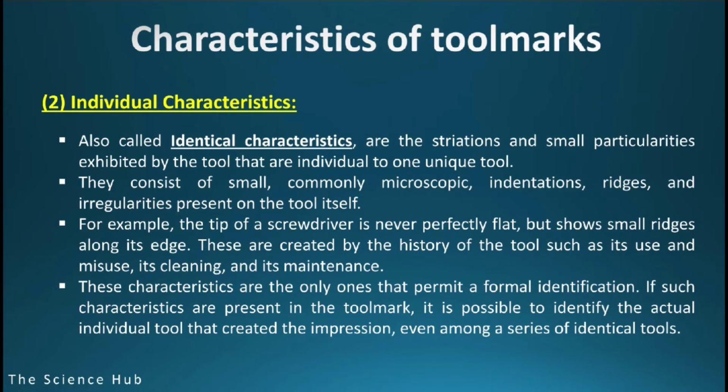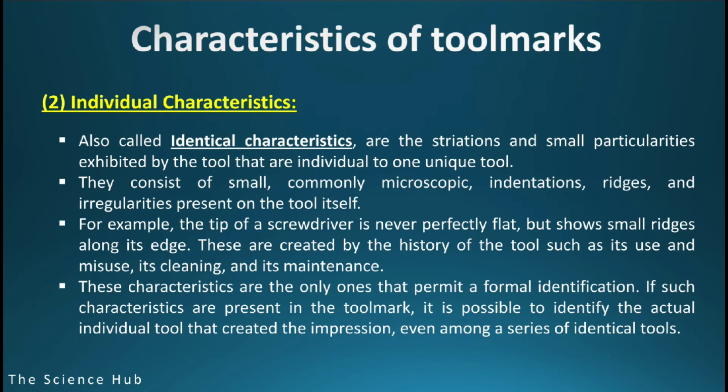Individual characteristics. It is also called identical characteristics. These characteristics are striations and small particularities exhibited by the tool that are individual to one unique tool. They consist of small, commonly microscopic indentations, ridges, and irregularities present on the tool itself.